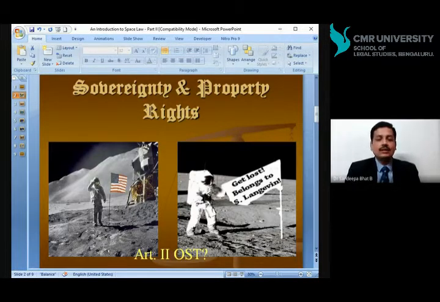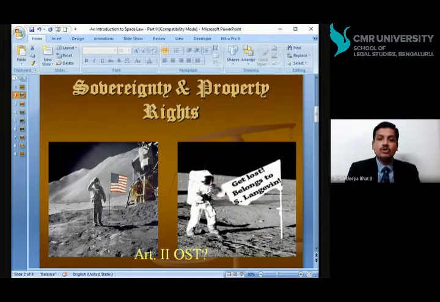This is why they argued that the portions of the geostationary orbit which are above their territory should belong to them. They should have sovereignty over it. And any state which would like to place a satellite in those portions would need to take their permission. The remaining portions of the geostationary orbit, which may be over the high seas, should be declared the common heritage of mankind. This is what they basically proclaimed in the Bogota Declaration of 1976.